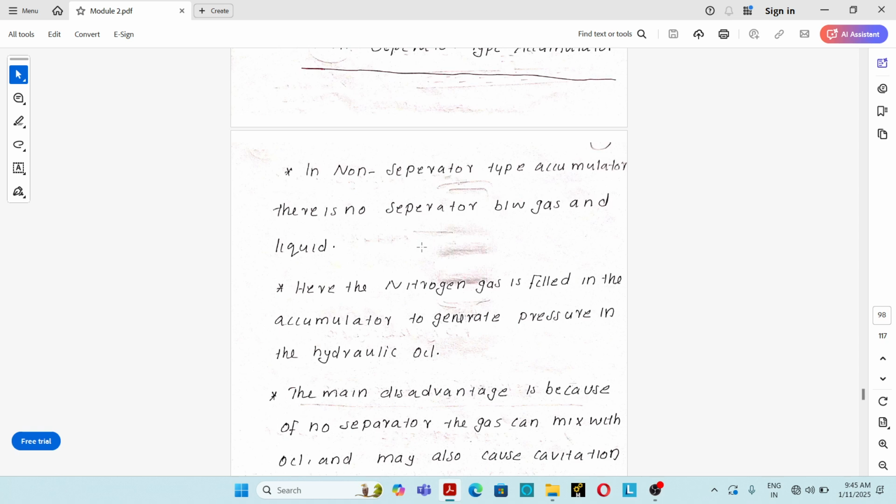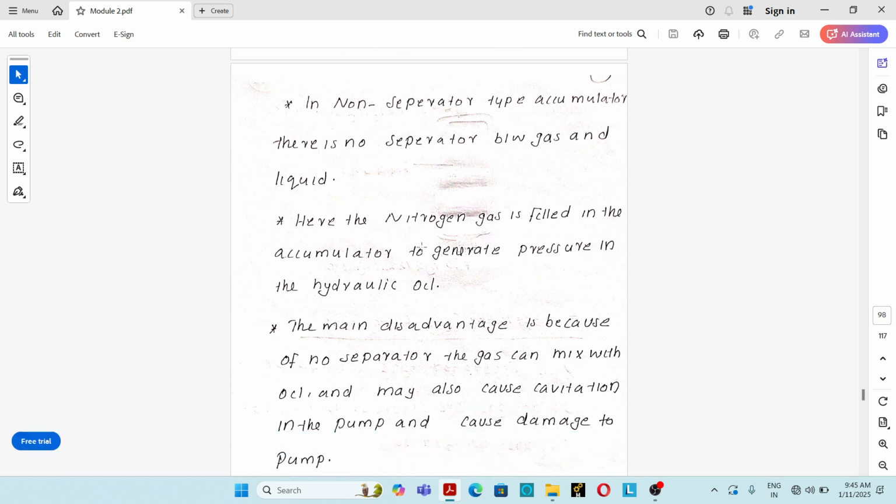There is no separating medium between the gas, meaning inert gas like argon, helium or nitrogen, and the liquid. Oxygen is not used because it reacts with the pressurized oil and produces an explosion. So nitrogen is commonly used in these types of accumulators.